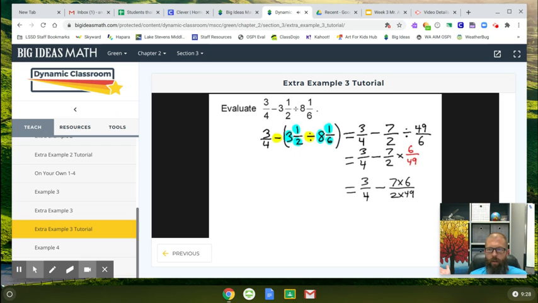What should we do next? 2 goes into 6 3 times, and 2 goes into 2 once. So let's simplify. 3/4 minus 1 times 3 is 3. There we go. 1 times 7 is 7.